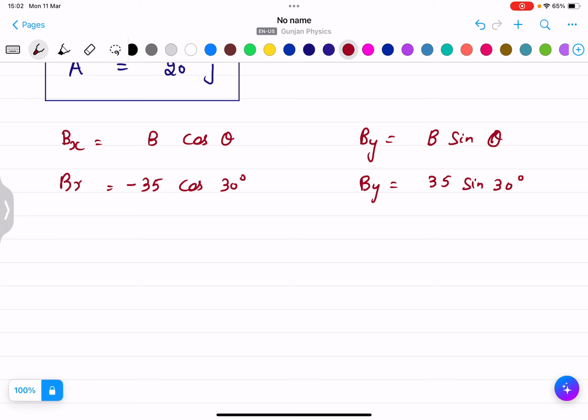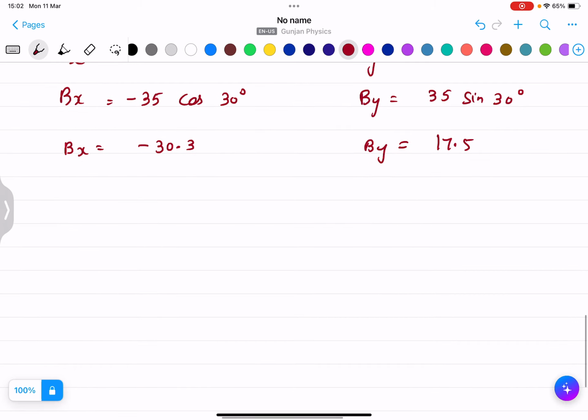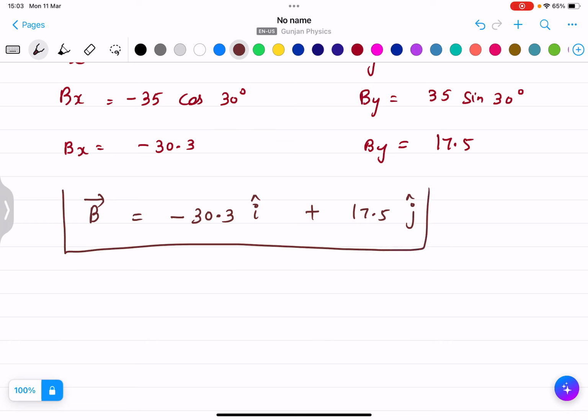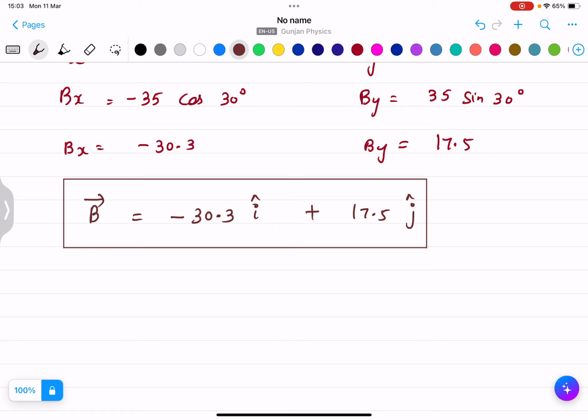When I calculate, I get bx equals minus 30.3 and by equals 17.5. So the B vector will be minus 30.3i plus 17.5j.